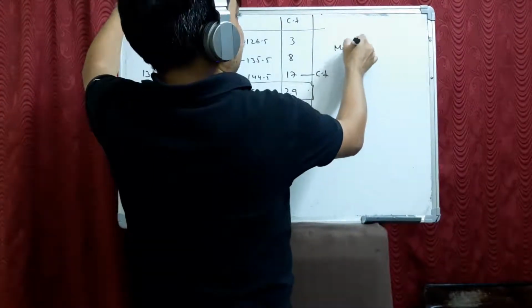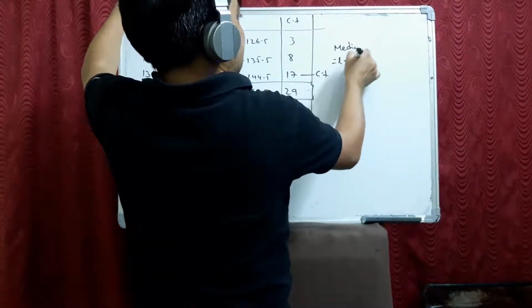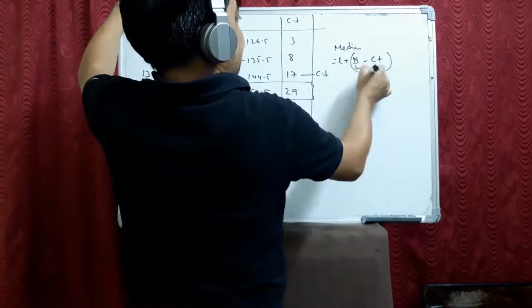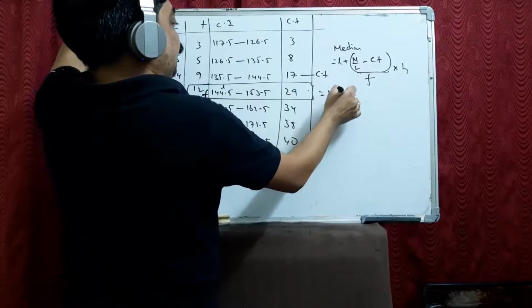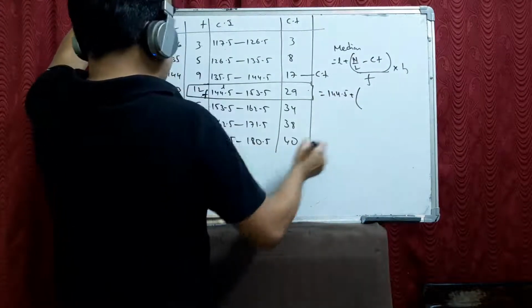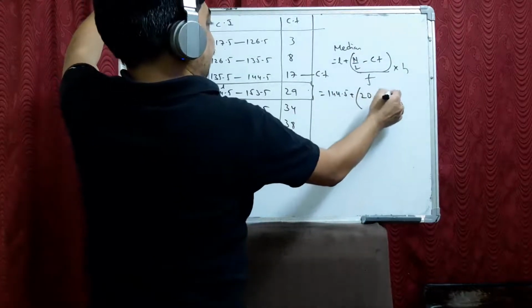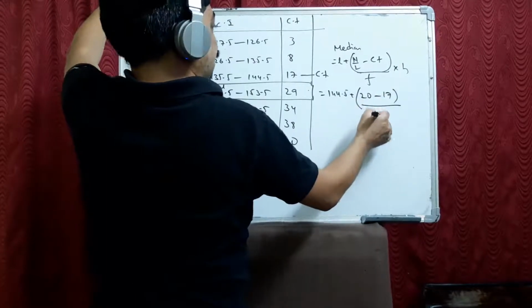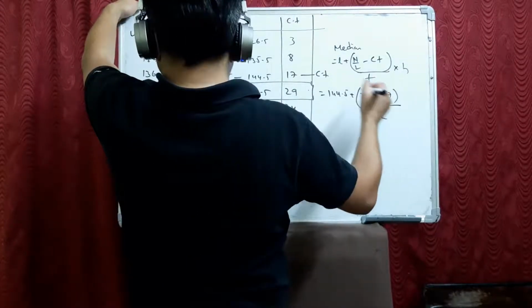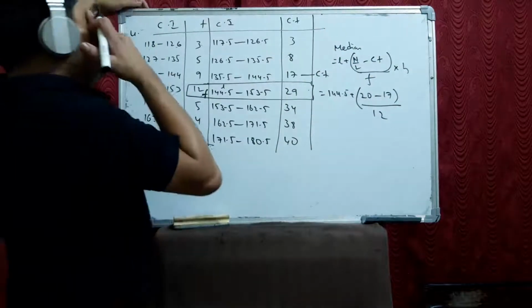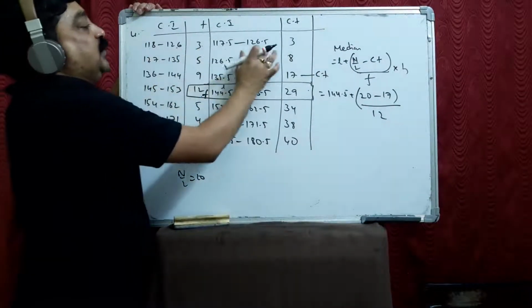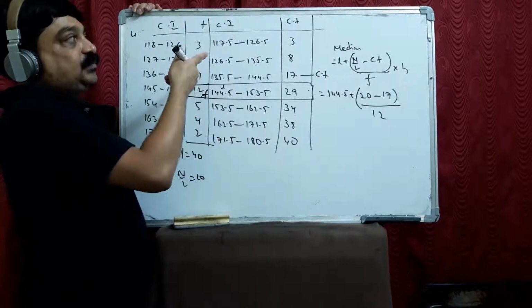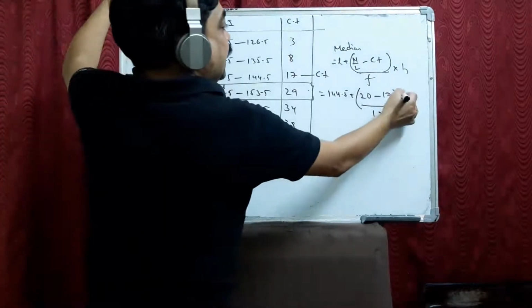Let us find out the median. Median is equal to L plus N by 2 minus CF by F into H. L will be 144.5 plus N by 2, 20, minus CF 17, by F is 12, into H. Now we have to take the H value. Actually before, H was 8, now it becomes 9. See carefully, now you have to take H as 9.